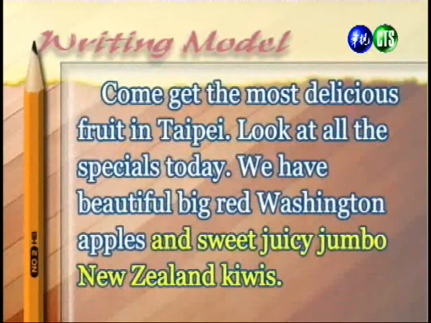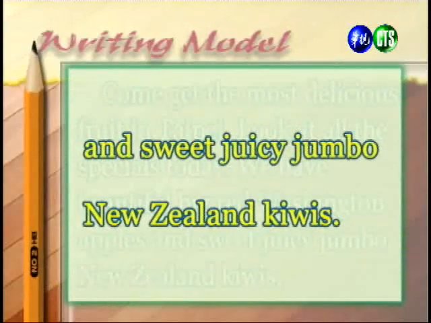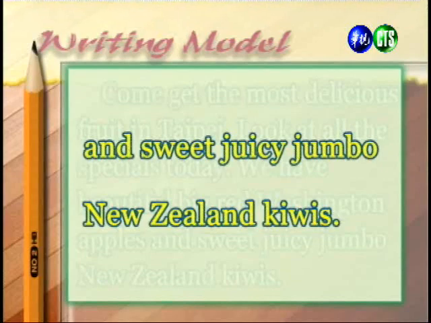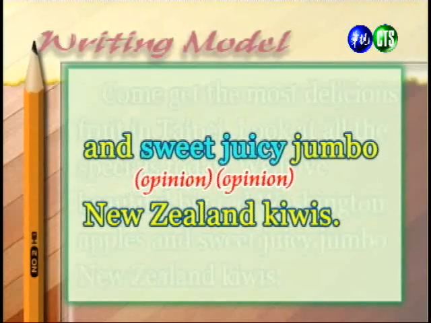We have sweet, juicy, jumbo New Zealand kiwis. Here we can see in this sentence that we have sweet and juicy. These are both opinion adjectives. And then after that is jumbo.